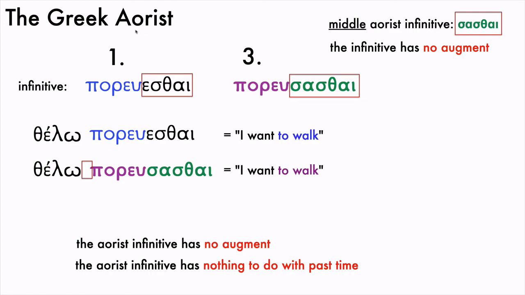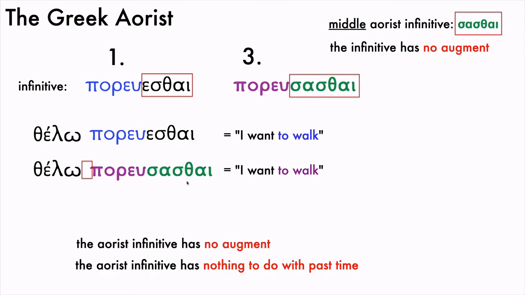It is the undefined tense, meaning it's really the default tense. So if you want to say, I want to walk, in Greek, the default tense is to use the aorist infinitive. The infinitive is the default. You need a reason to use the present.